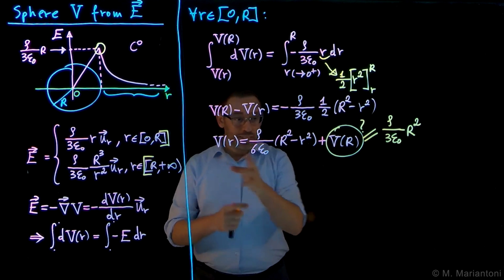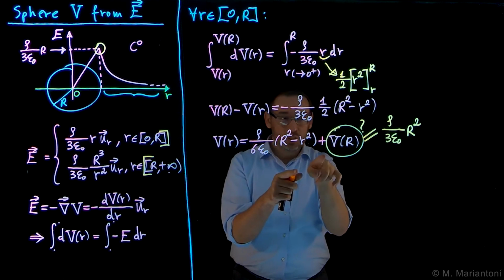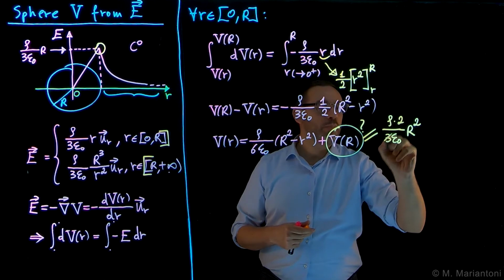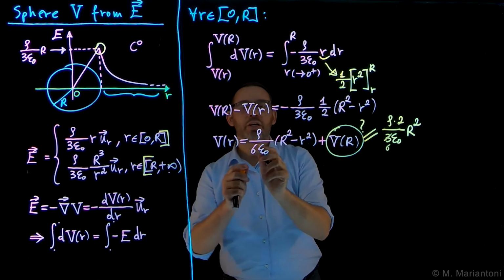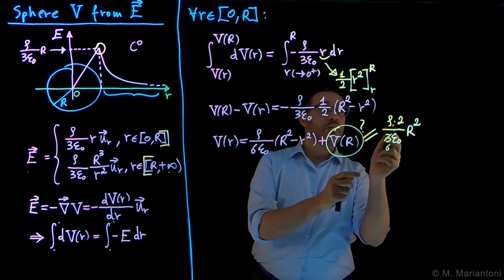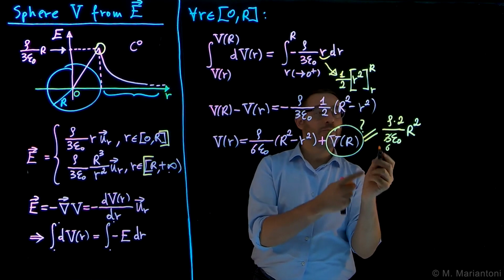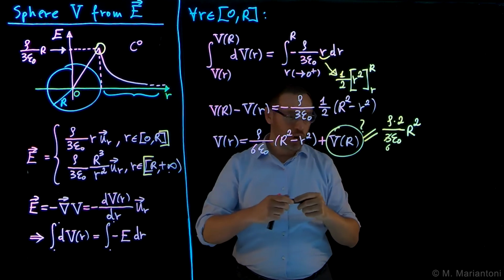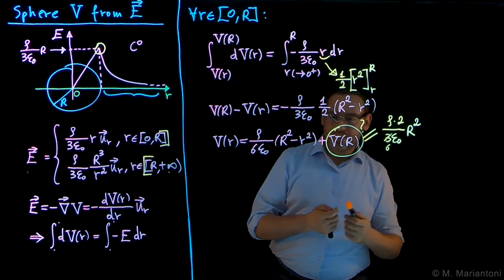Okay, so now if you do some little algebra, you plug in this quantity here, for example, you can multiply times 2 here, so that this one becomes a 6, and so here rho over 6 epsilon naught capital R squared plus 2 times rho over 6 epsilon naught, of course, gives us 3 times rho over 6 epsilon naught. So, and in fact, let's keep it as such.